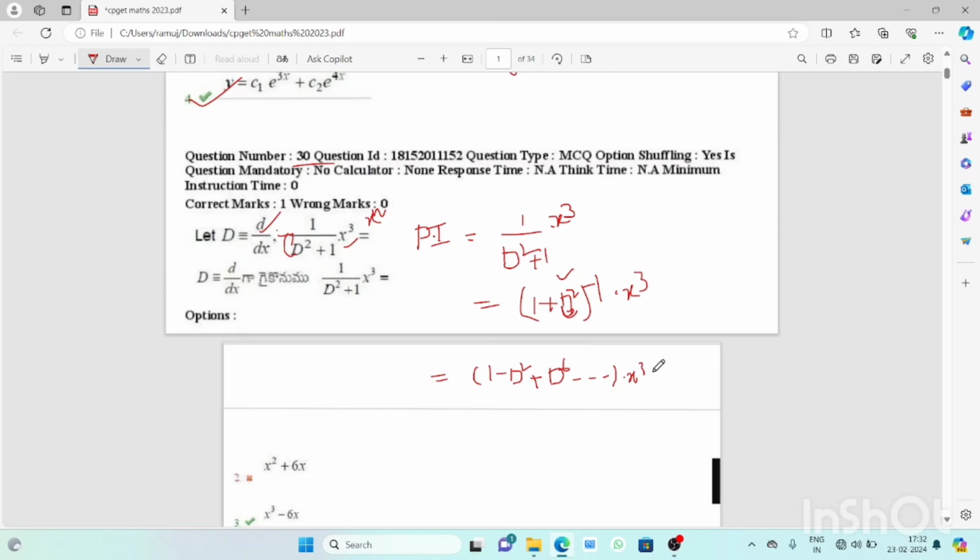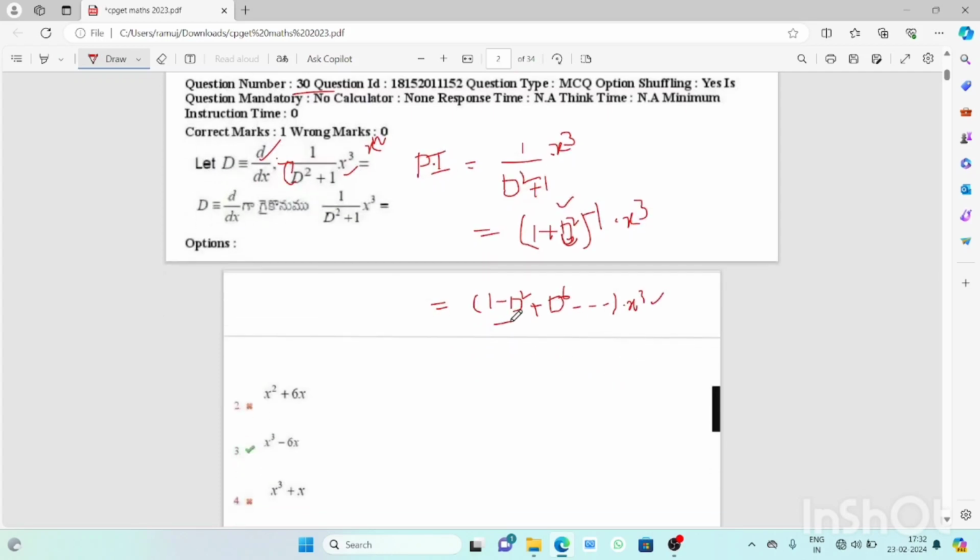If you multiply x cube into this expansion, we will get x cube minus D square x cube. Here D means differentiation, so we have to differentiate the given function twice. If you differentiate x cube once, you get 3x square, and if you differentiate twice, you will get 6x. So here D square gives 6x.